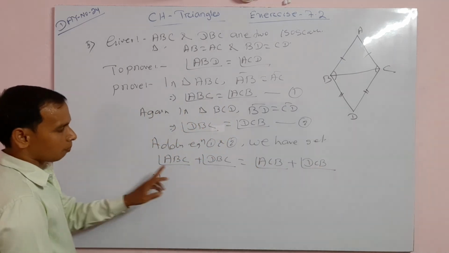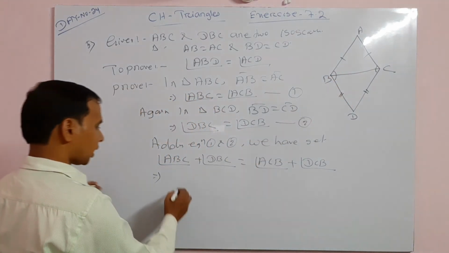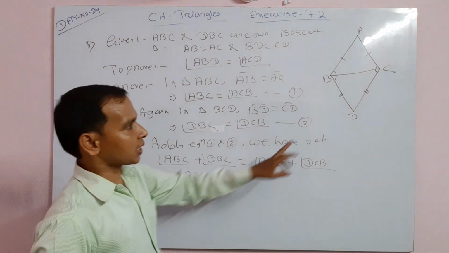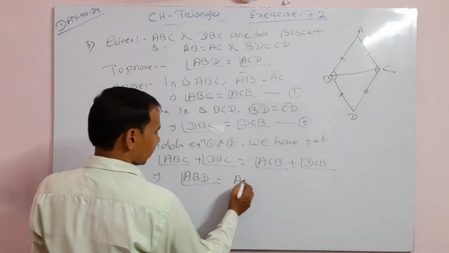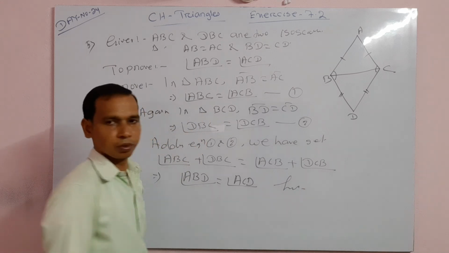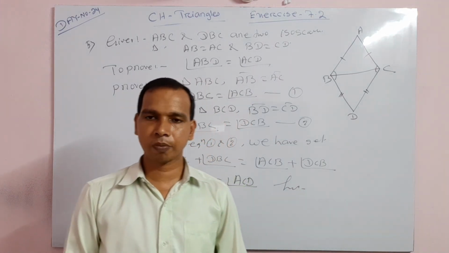Okay. Now ABC plus DBC, you get here ABD angle. Same process, ACB plus DCB, you get here ACD angle. Okay. Proved. Okay. Dear students, you need to practice above questions. Okay. Thank you.